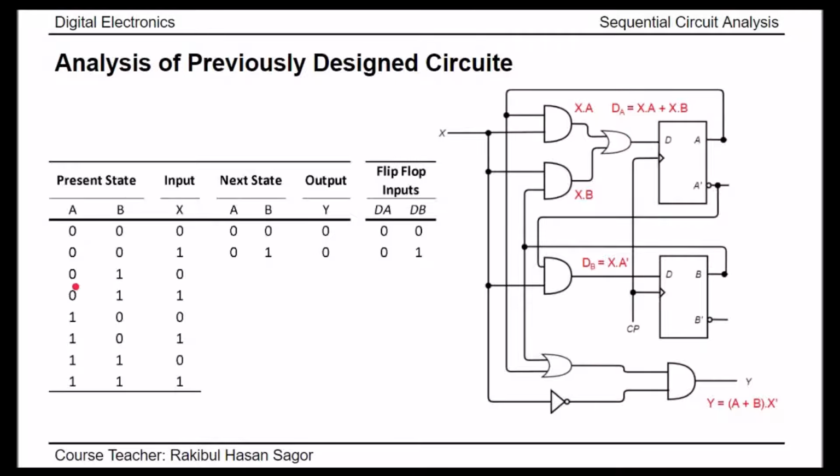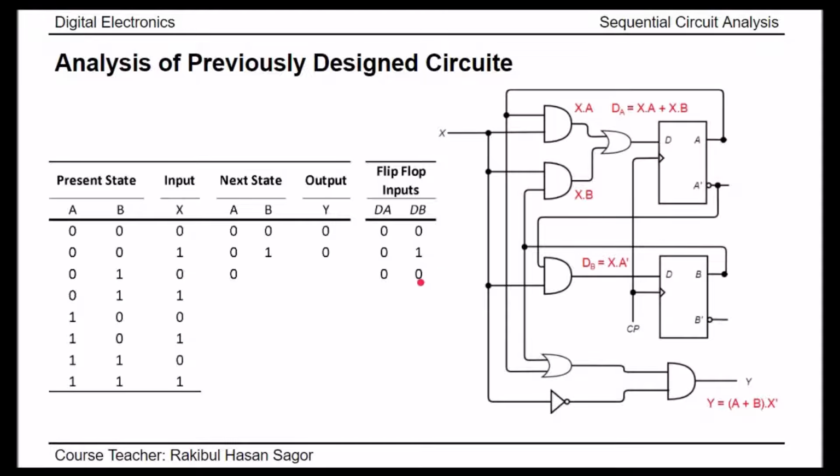Similarly, we can go for the third row, that is 0, 1, 0. If we have 0, 1, 0 combinations, what will be the value of DA? That means A equal to 0, B equal to 1, X equal to 0. If we put those values, the value of DA will be 0. And corresponding next state of A will be 0. And if we put A equal to 0, B equal to 1, X equal to 0, the value of DB will be 0.